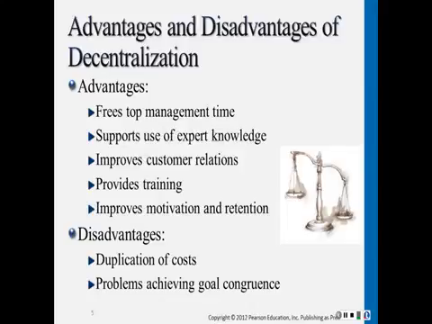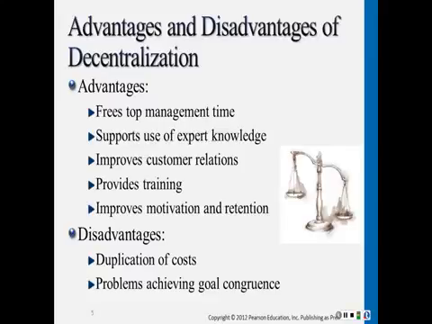The disadvantages of decentralization include duplication of costs. Decentralization may cause the company to duplicate certain costs or assets. For example, each business unit may hire its own payroll department and purchase its own payroll software. Companies can often avoid such duplications by providing centralized services.